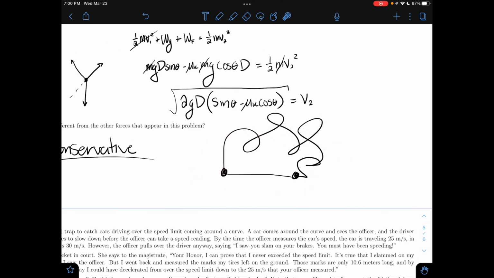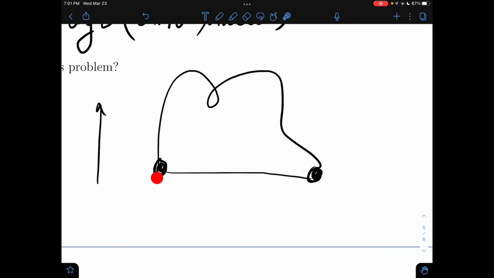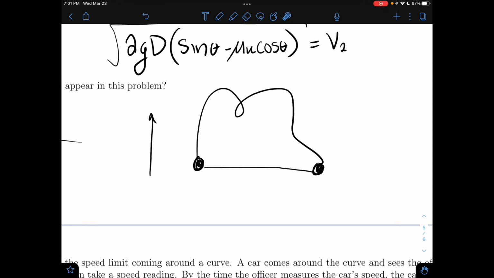Because I could say that my work done by gravity to get from here to here, if this is my y direction, right? If this is like up in the air, the initial placement is the same as this. We don't have any displacement in our gravity direction. Therefore, we don't have any work done by gravity.